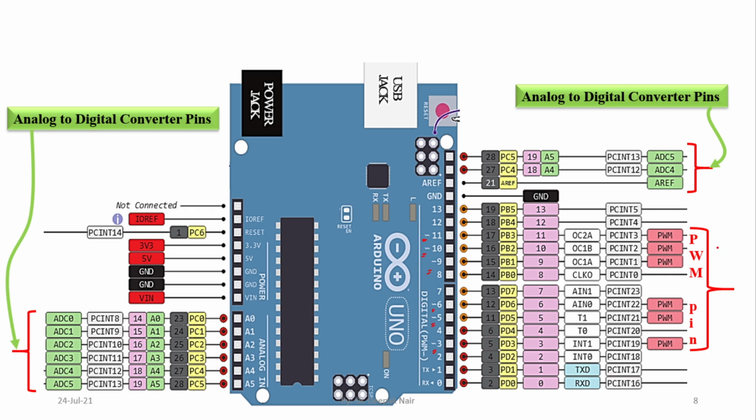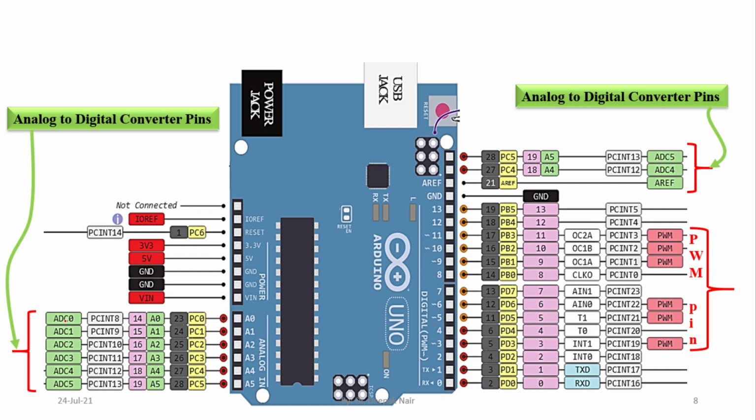At the same time, we can control the speed of motors, we can control the intensity of LEDs or lights using these pins. So remember, there are 6 digital to analog converter pins, indirectly we can say, which will generate pulse width modulation at the output, and which can be used to control the intensity of light, speed of the motors, and so on.